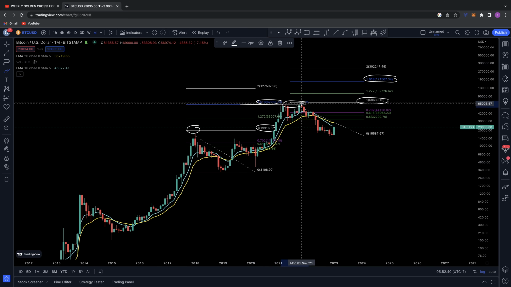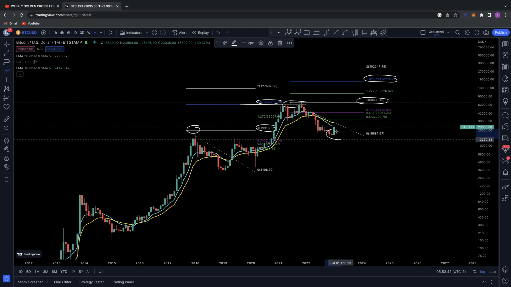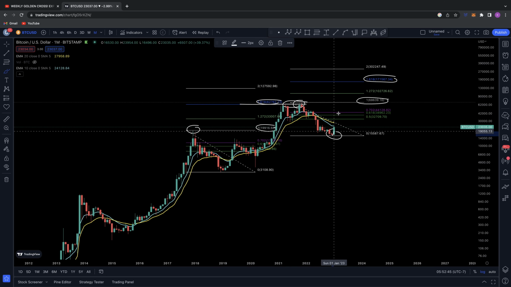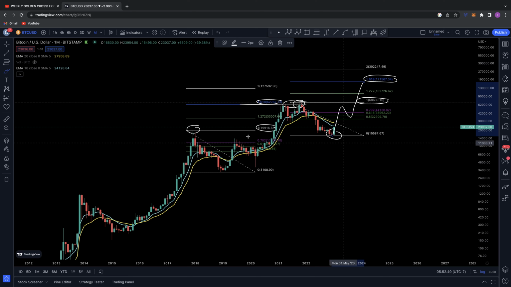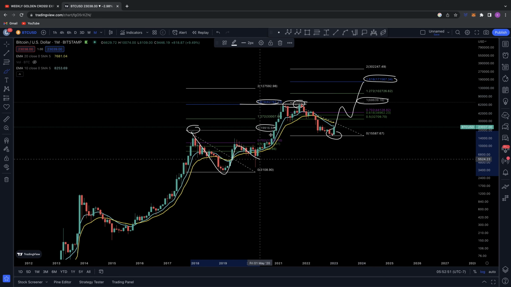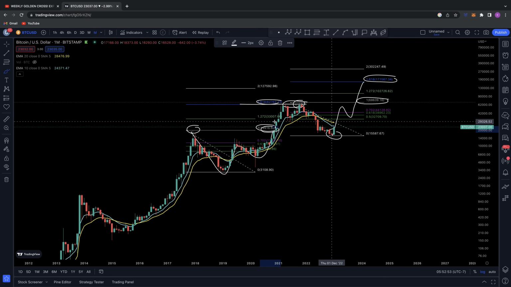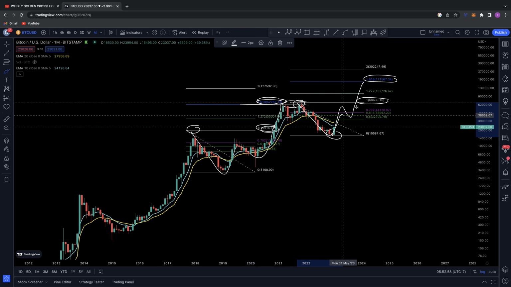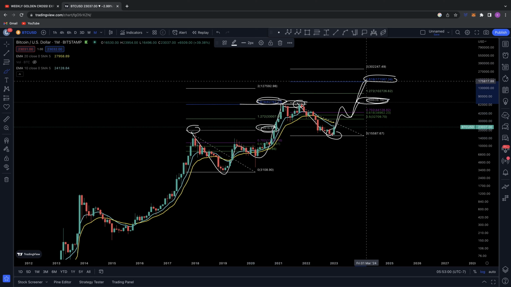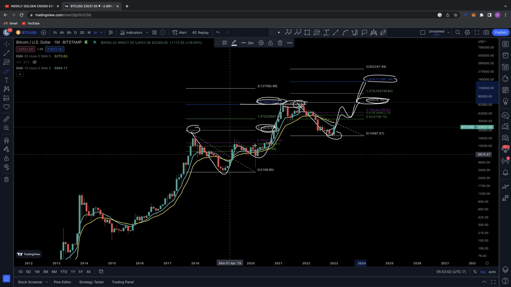So what's not to say that from this low, retracing to this high, Bitcoin can't break out of this all-time high and come up to 171K? Because it did here. It came down, it broke out of the previous all-time high, and it ran up to the 1.618. So right now we're coming down. Once we break out of the all-time high, you're running back up to the 1.618, and history has shown that.